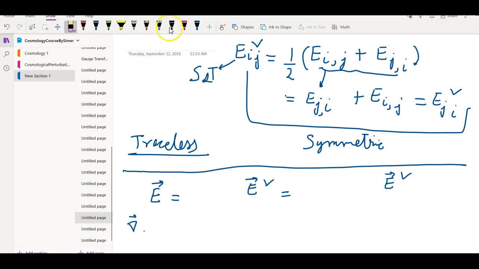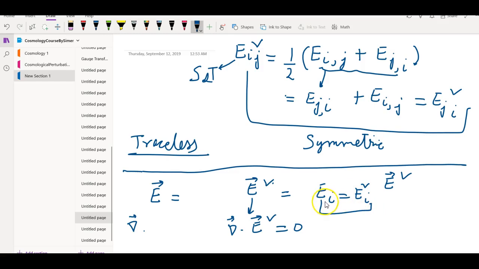Going back to the Helmholtz theorem, which we saw in the beginning of the lecture, this is divergence free. So I have a constraint here that del dot E_V should be 0. Basically, E_V is same as E here. So E_i is basically E_Vi.